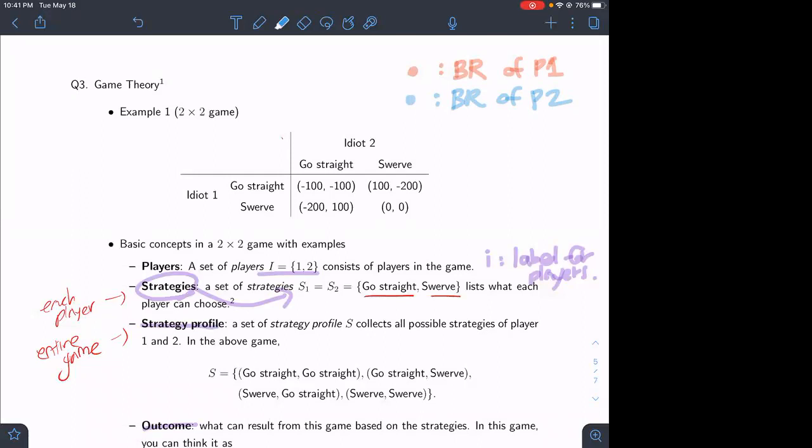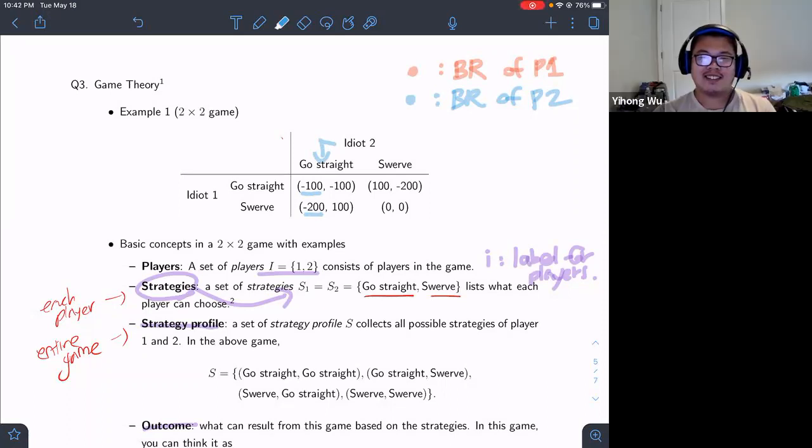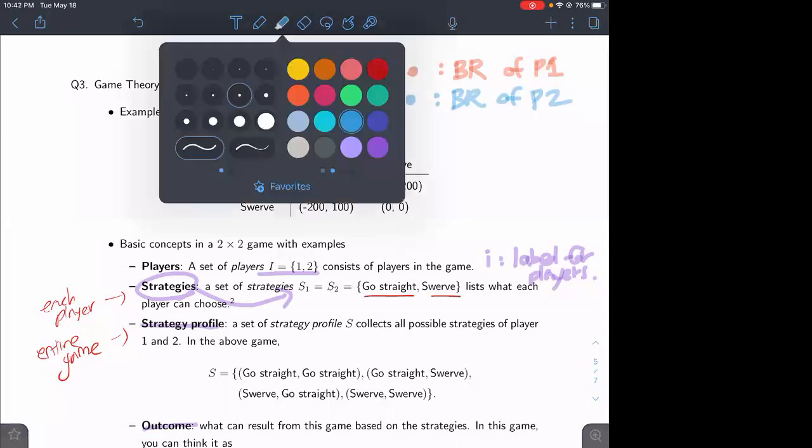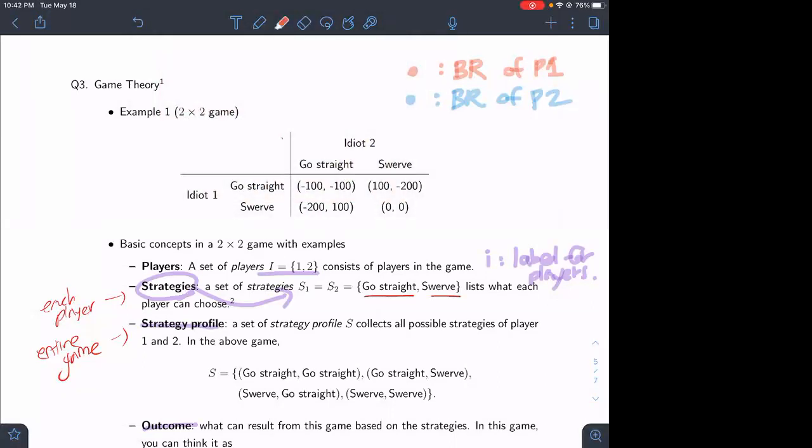Let me start with the best response of player 1. If idiot 2 goes straight, then what is my best response? I need to focus on the first element, which is the payoff of player 1. Do I go straight or do I swerve? Up or down? Up. We go straight, very good. So I promise to use color, this one, orange.